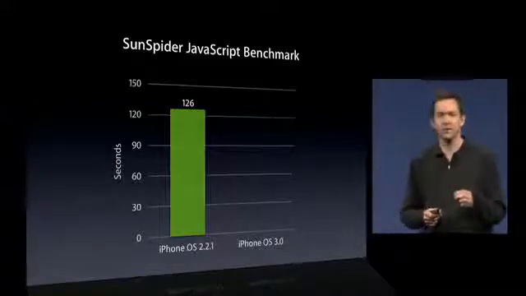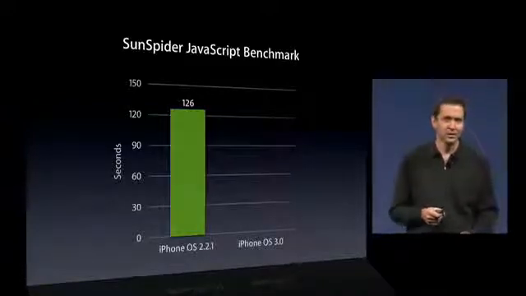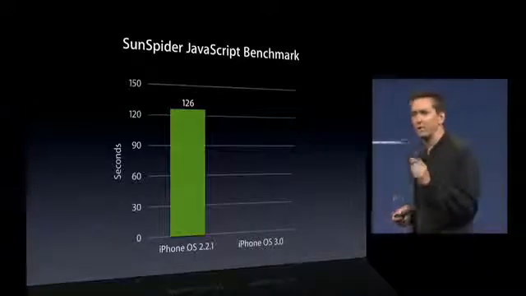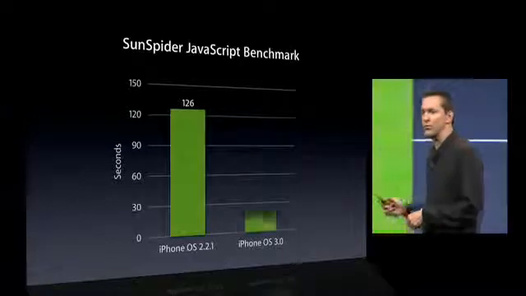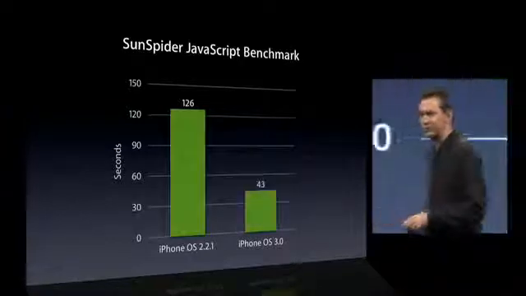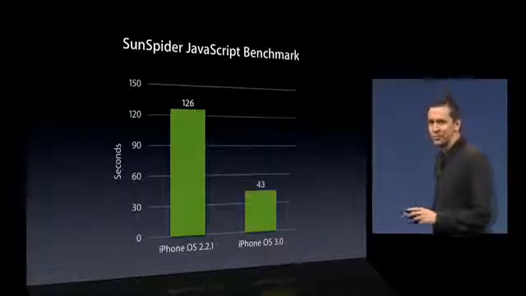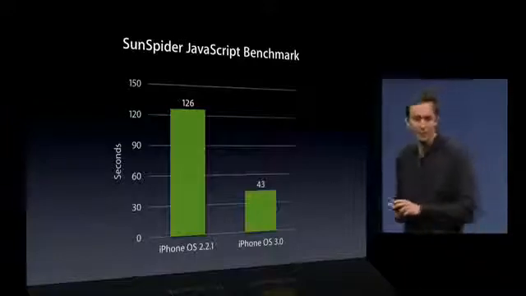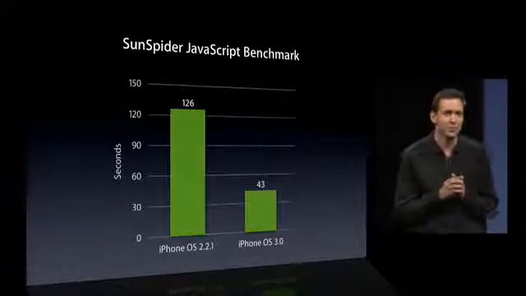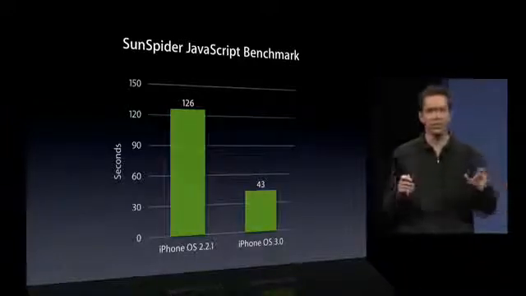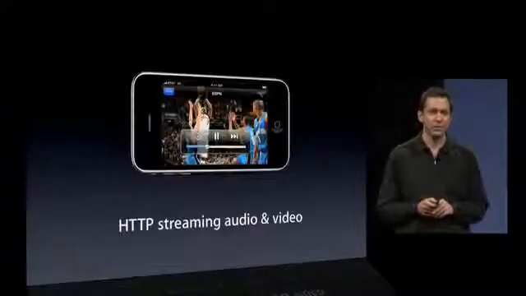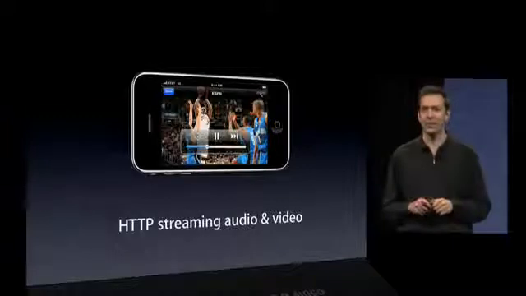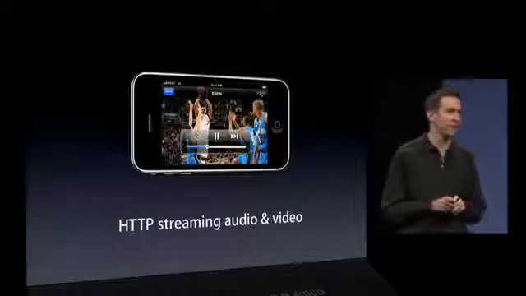Most phones cannot run the benchmark. Well, in iPhone OS 3.0, we run JavaScript almost 3 times faster. This is great. Your web pages load and render really fast. It just screams.